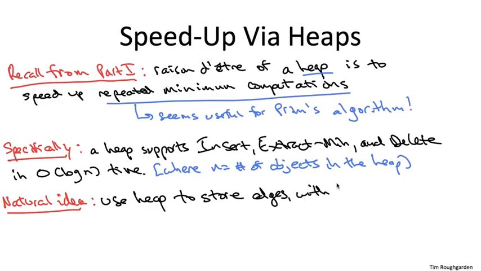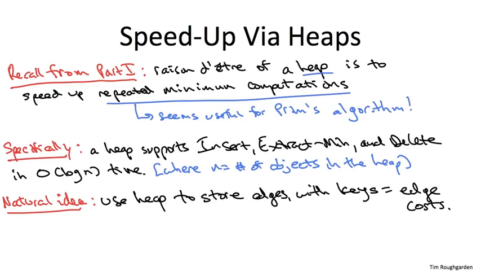So it would seem, and this would be your first thought, that the heap should store edges, and that the key value that you use should just be the edge cost, because you want to find the cheapest edge. So this is already a quite good idea. Using heaps in this manner will already definitely speed up Prim's algorithm relative to the naive implementation.